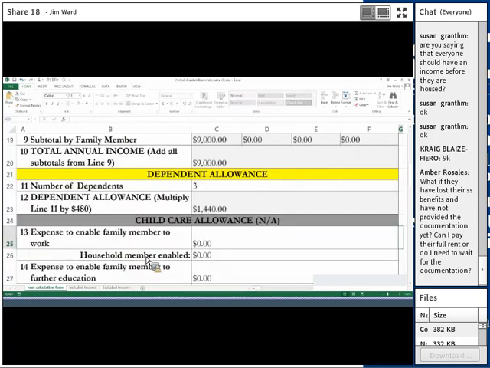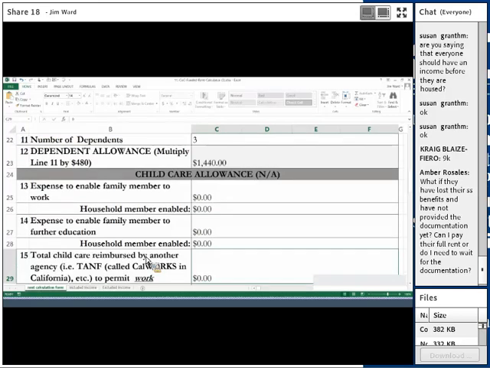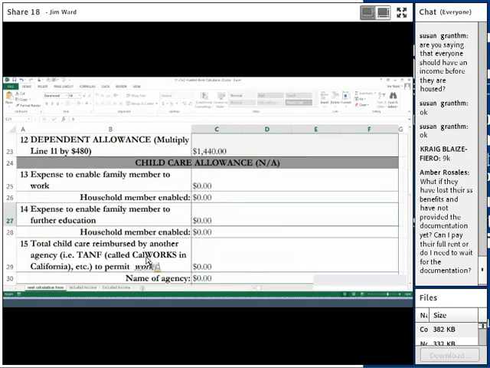Let's say, so these get kind of technical, right? Like whether or not I'm incurring a child care expense that would enable me to work. So if I had to pay a sitter to watch my toddler while I'm at work, I could claim some allowance there. Make sure that you read these sections, right?